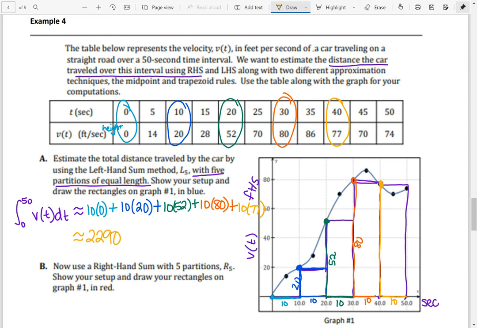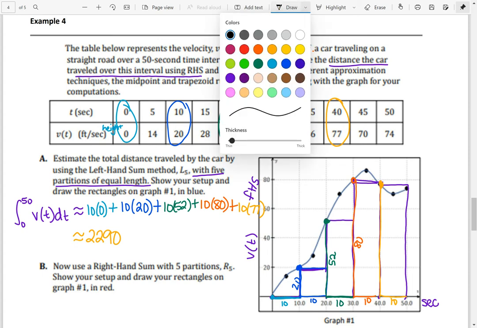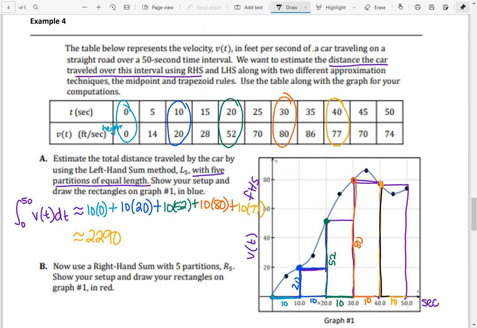And when I think about units, for each rectangle, I took my 10, which was measured in seconds, and my height was measured in feet per second. And when you multiply your length, which is in feet per second, times your width, which is in seconds, the seconds cancel and I have feet as my answer.